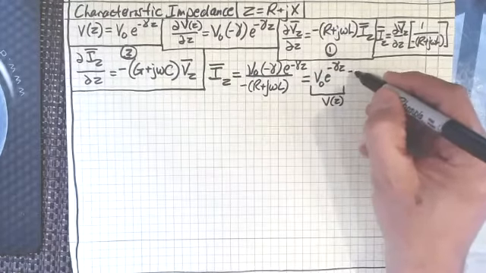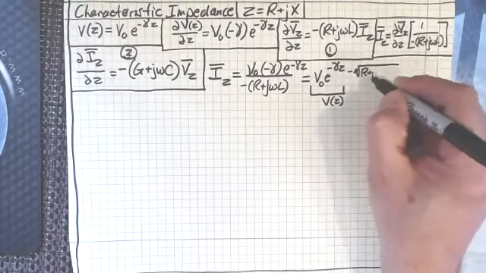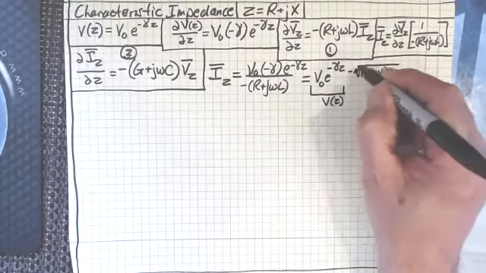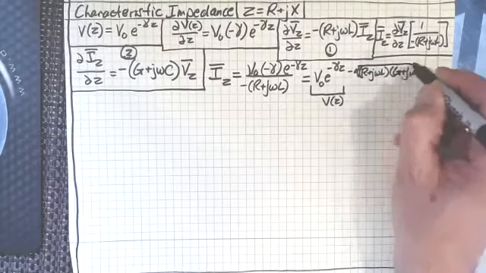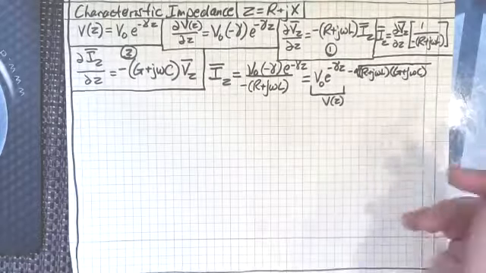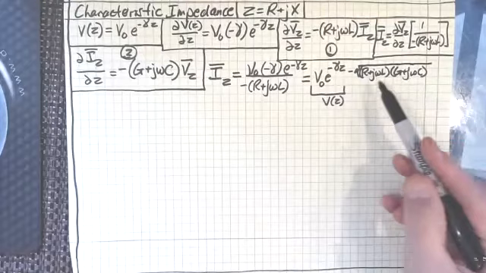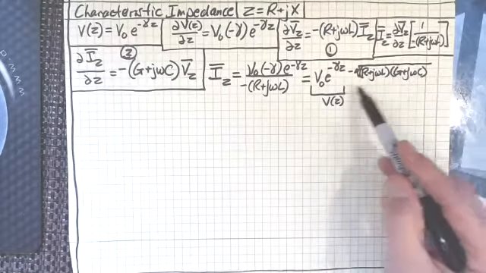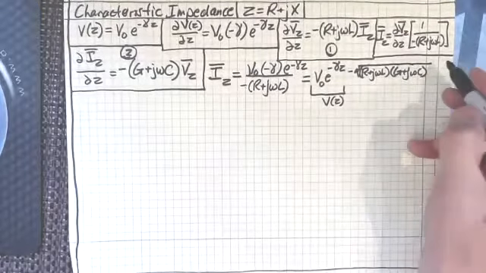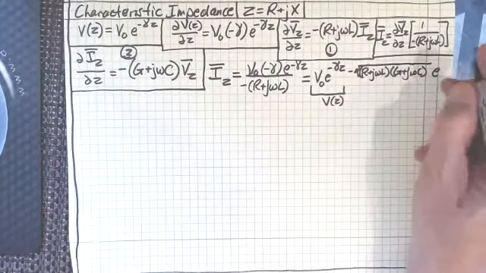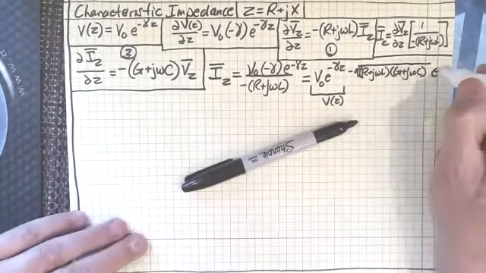So I've got minus the square root of r plus j omega L times g plus j omega c. Everybody remembers in the last lecture how I derived gamma, I think, right? So it's no problem.